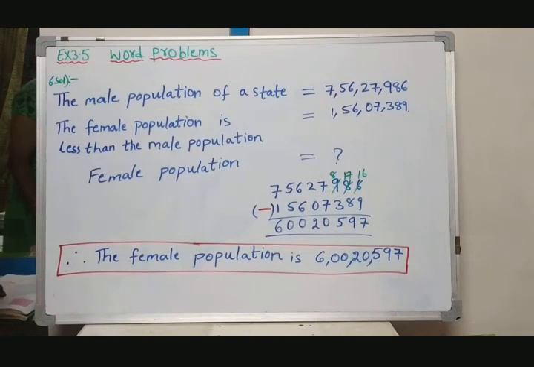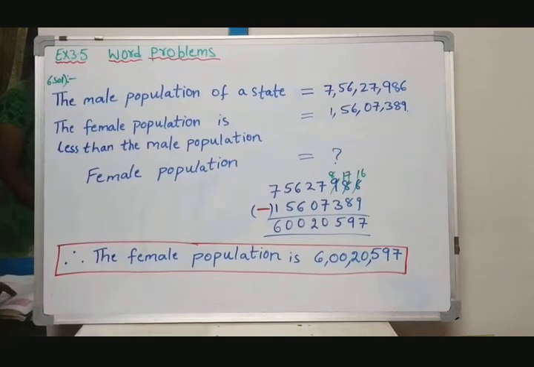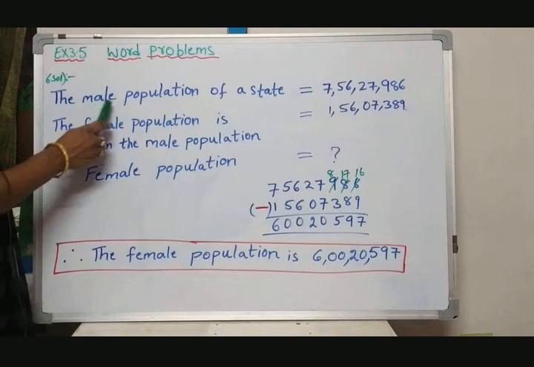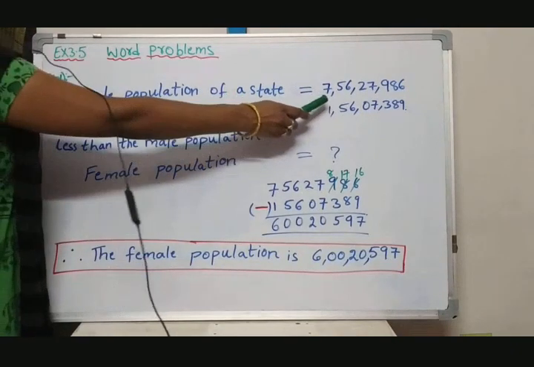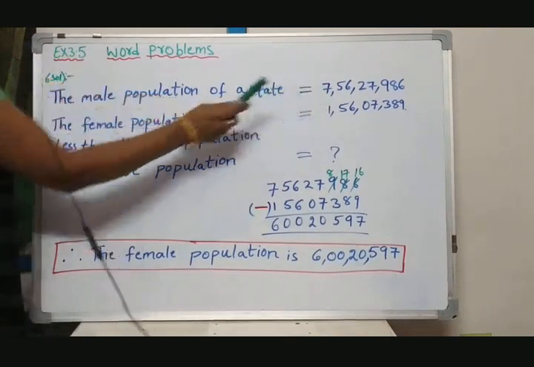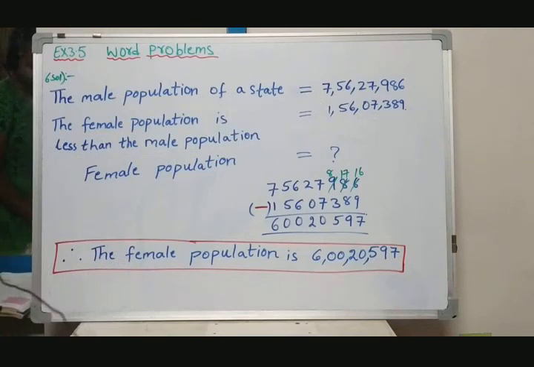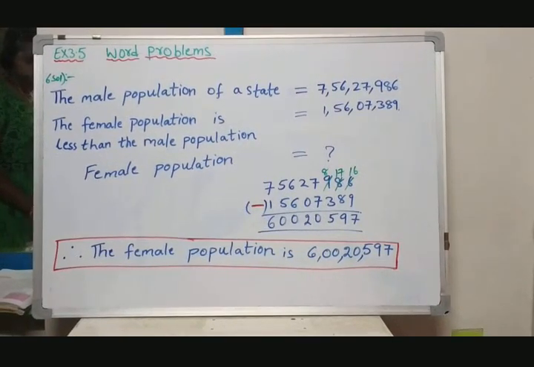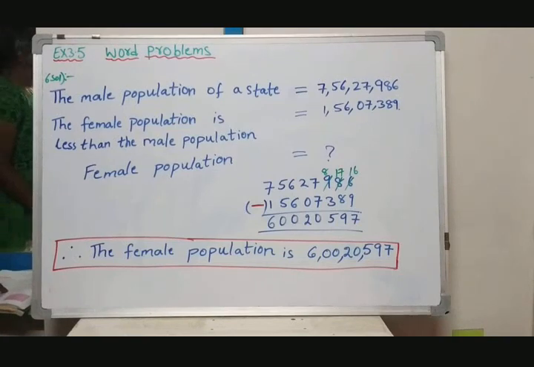The male population of a state is 7,56,27,986. So the first statement we got is the male population of a state is, and the number is written here. From the second statement, the female population is 1,56,07,389 less than the male population.